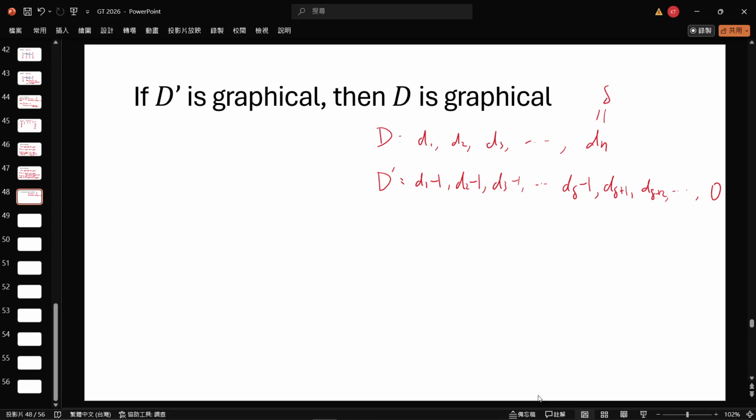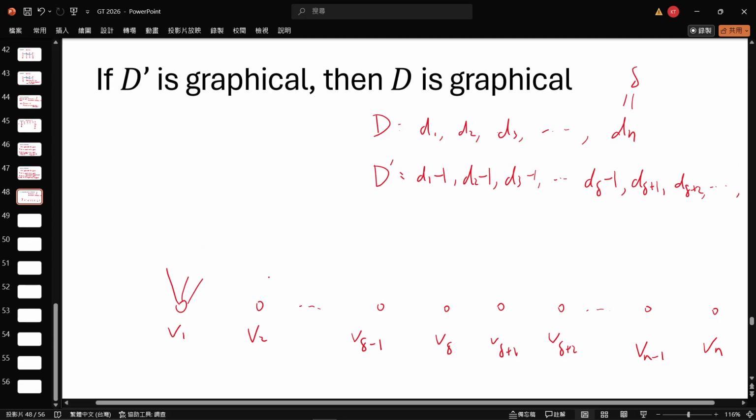So this means we can have a graph with vertices V1, V2, and so on.